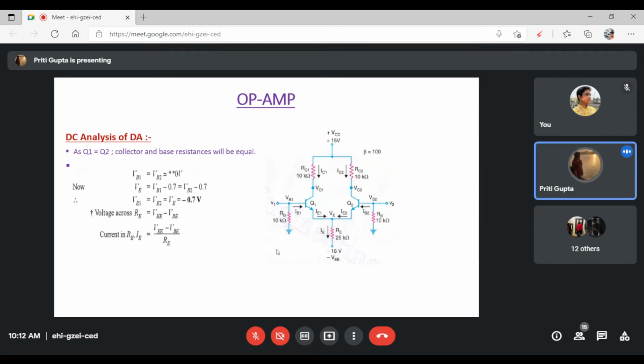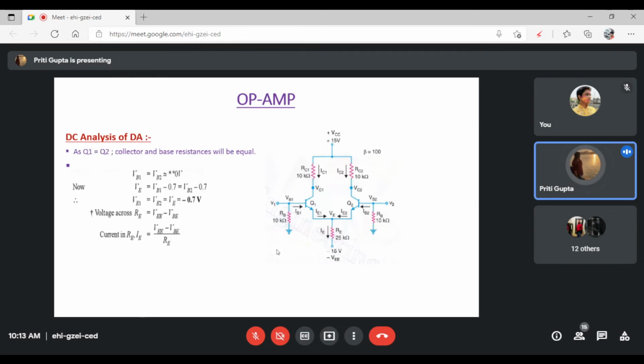0.314 milliampere. Very good. Now IC1 is nearly equal to IE1 for the transistor. I guess all of you have read in your basic electronics that collector current is nearly equal to emitter current because base current is very small. Collector and emitter current are in milliampere and base current is always in microampere. Compared to collector and emitter current, base current has no value.